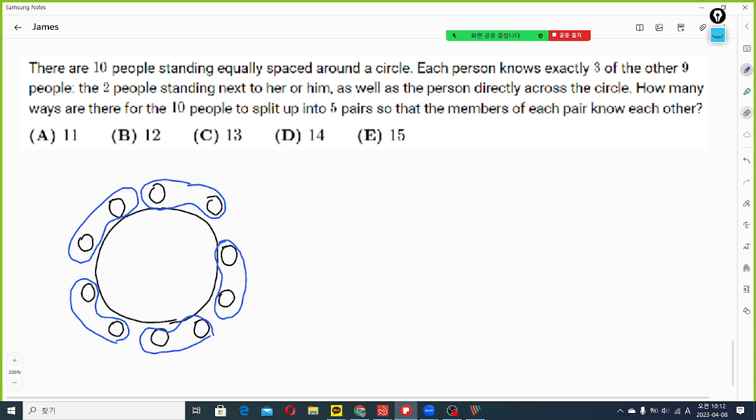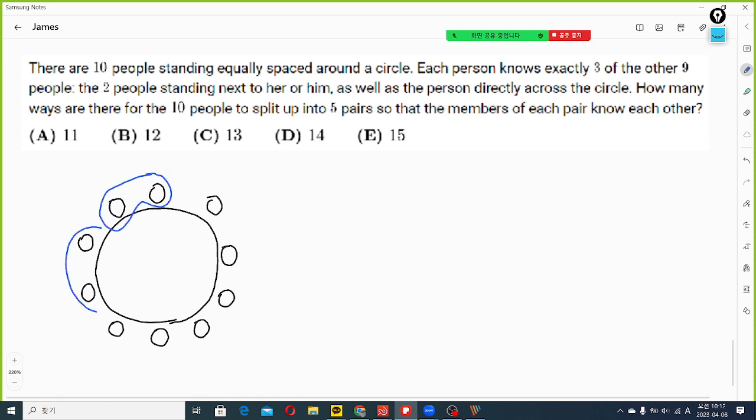That means we can also make these pairs. And without any diagonal pair, there are two cases we can make.